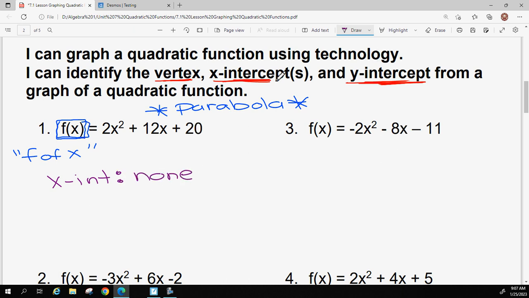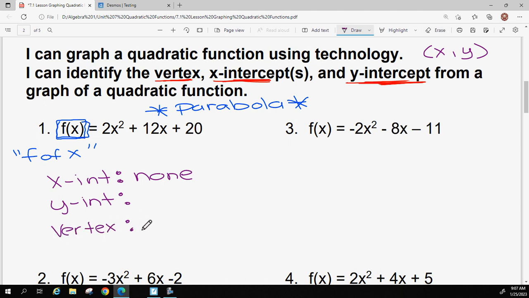And all of these characteristics, important parts of this parabola or quadratic function, are all points, which means they're all going to have an x, y. So all of our answers, if they exist, should be coordinates and have an x, y.